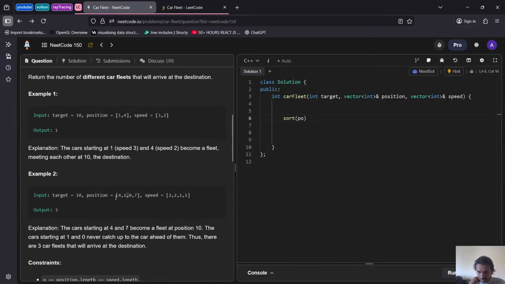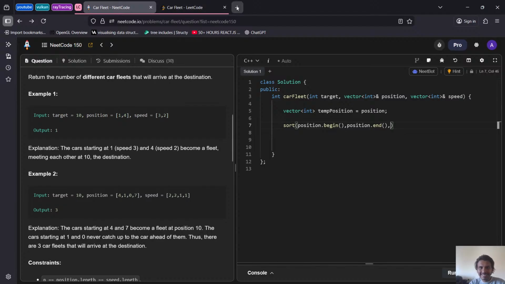Let's create a copy: vector int sortedPosition equal to position. Then sort from the beginning of sortedPosition to sortedPosition.end with greater.